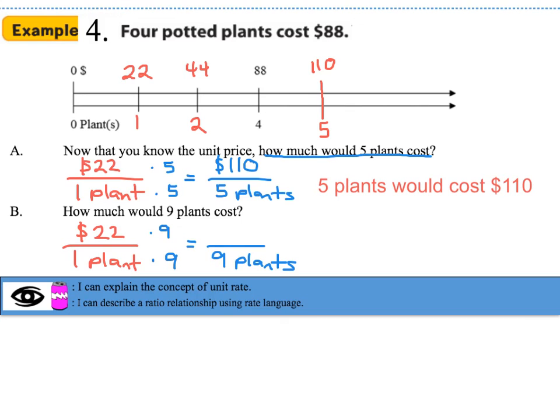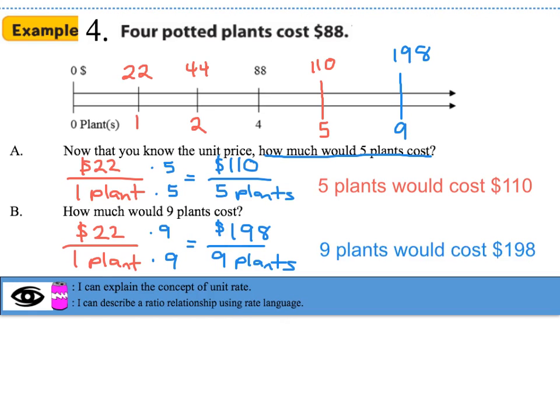If I multiply 22 by 9, I would get $198. So on my double number line, someplace on it, the top would be $198 per 9 plants, which is another rate. Therefore, 9 plants would cost $198.